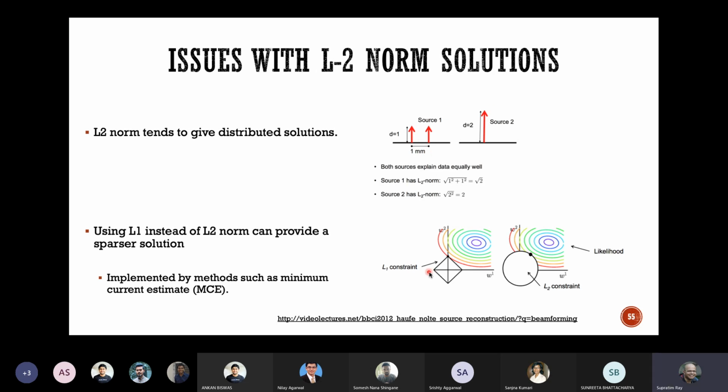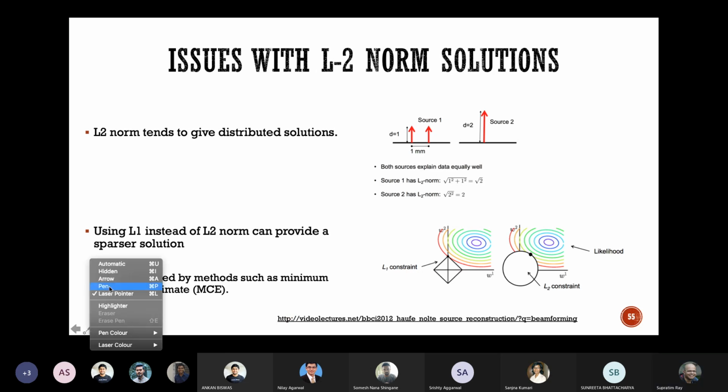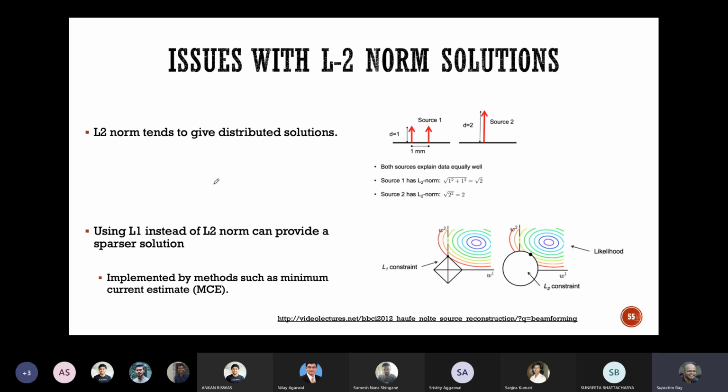So if I say that I am trying to have an L1 norm, the L1 norm is just given by mod x plus mod y equal to some constant.